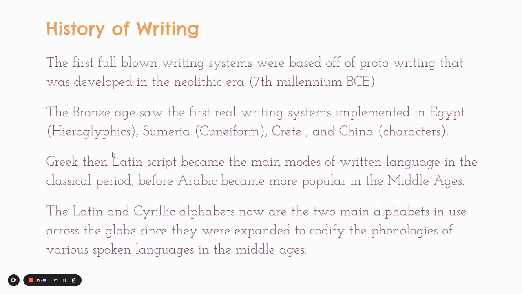Greek and then Latin script became the main modes of written language in the classical period, and then Arabic became more popular in the Middle Ages with the rise of Islam and the Islamic Golden Age. Since then, the Latin and Cyrillic alphabets are now the two main alphabets used around the globe, since they were expanded to codify the different phonologies of various spoken languages in the Middle Ages.